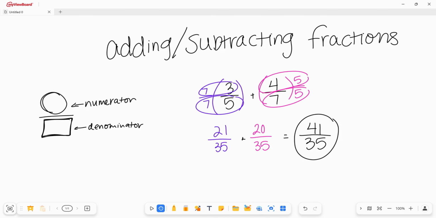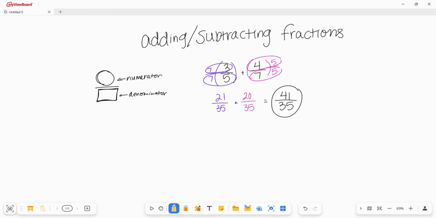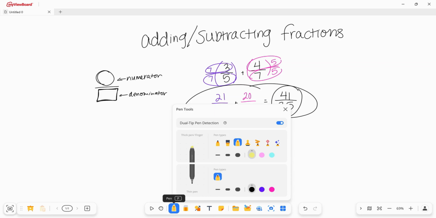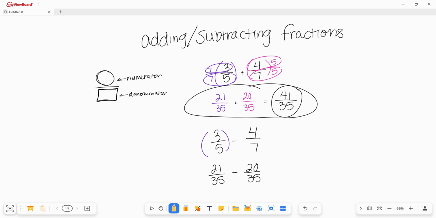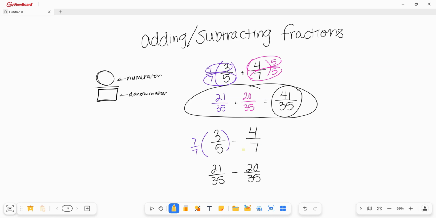So let's redo this problem using subtraction so you can see that. 3/5 minus 4/7. Again, I would take that same route to get to 21 over 35 minus 20 over 35, where I multiplied this side by 7 over 7 and this side by 5 over 5.